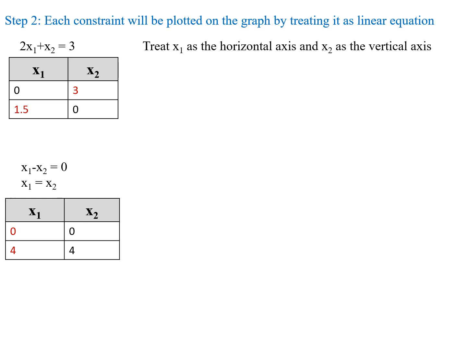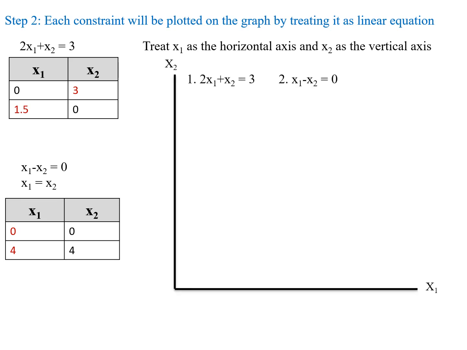So next step is we have to draw the horizontal and vertical axes. x1 is the horizontal axis and x2 is the vertical axis. And observe the highest values for x1 and x2.